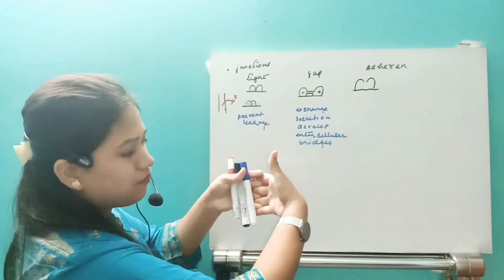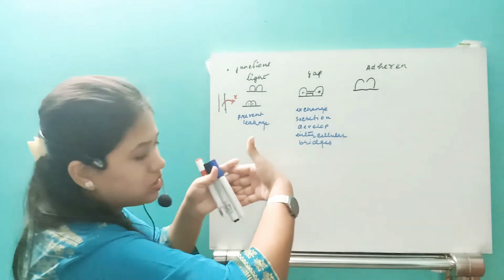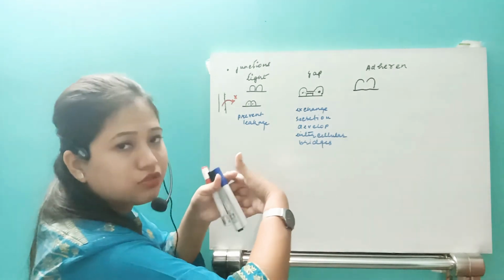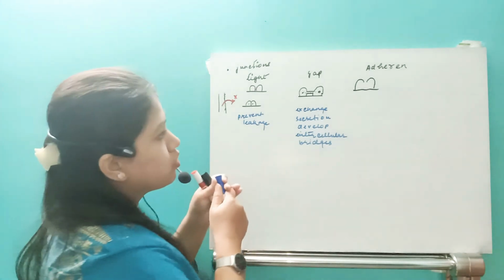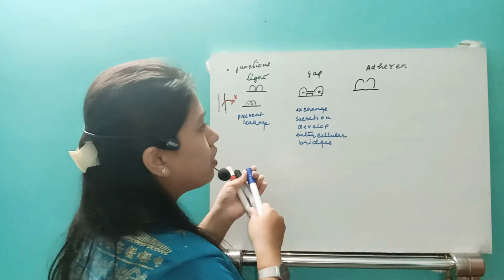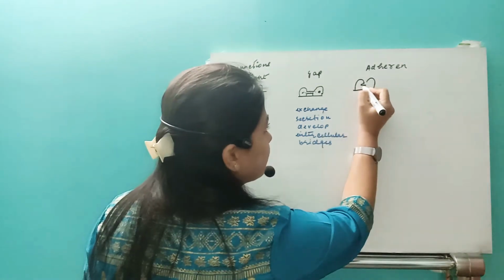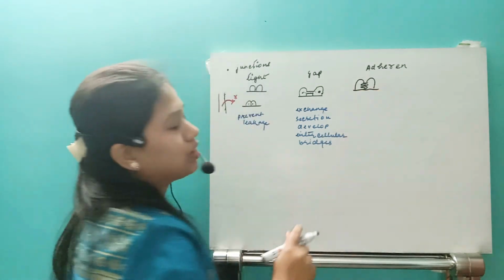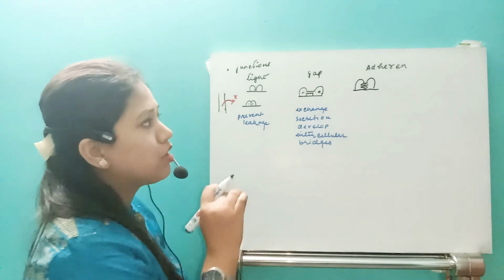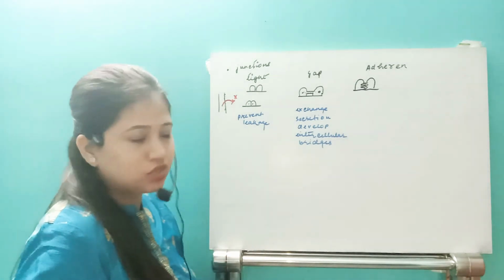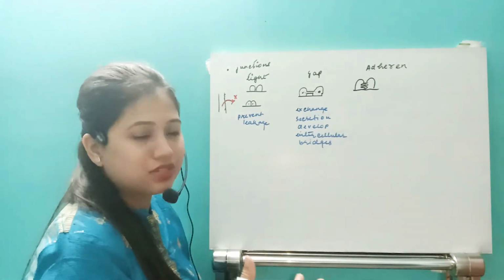If the cells form some type of interdigitations, then it will be very difficult to detach them from each other, right? So they form interdigitations so that the cells do not get detached. This is one type of adherent junction, so that one cell adheres to the next cell.